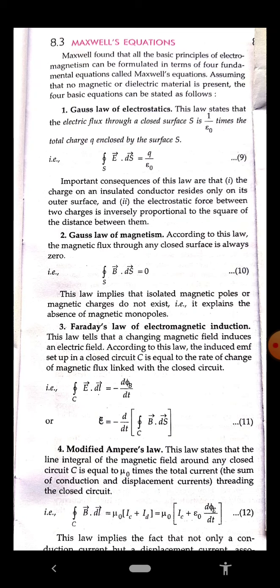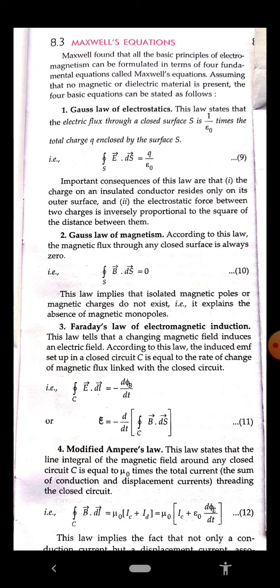So if the propagation is along x-axis, then you have to show the propagation along the x-axis. If z-axis, then you have to show the propagation along z-axis. And the magnetic field vector and the electric field vector should be perpendicular to each other. So these are some of the important questions about today's topic.